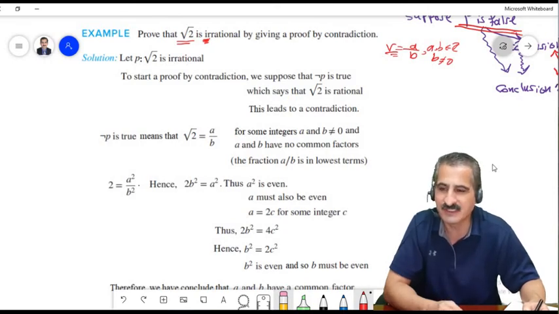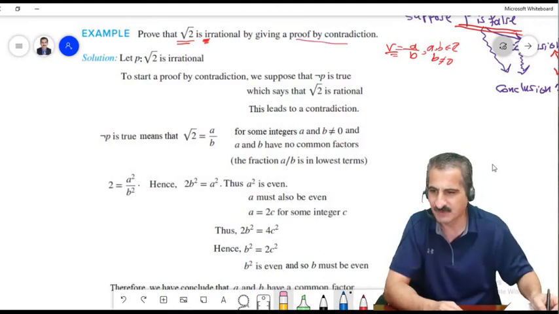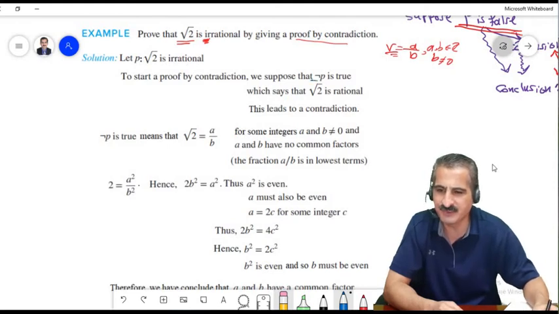So it asks us to prove this by contradiction, and see what we do. We will follow proof by contradiction and say assume P is false, which means not P is true. So here we are assuming P is false, and this will lead us to a contradiction. This says assume the square root of 2 is rational.